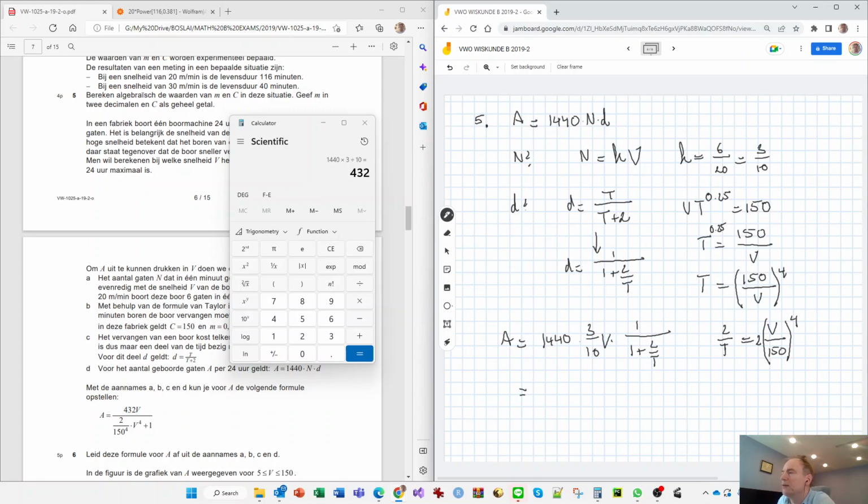So I get 432 phi, times 1 over, and I can get this out of the parentheses. So I think it's pretty obvious that this is equal to this, which is what they were asking.